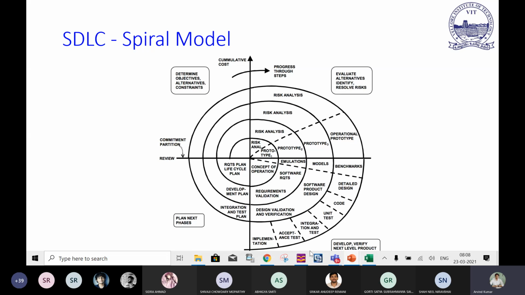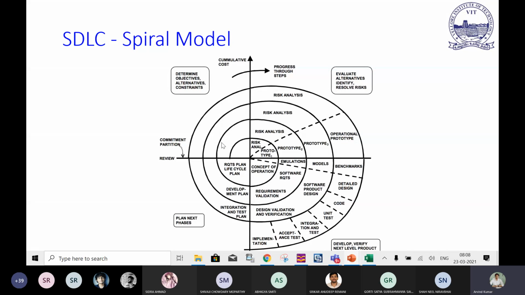There you need to develop and verify, and you have to test it. And then in the fourth step, it's going to approach you at the delivery phase, but if some amendment is required after the customer's suggestion, again you have to start and follow the same process. So it's working like a spiral. Once you started, then going in the same manner, you have to follow all the steps.